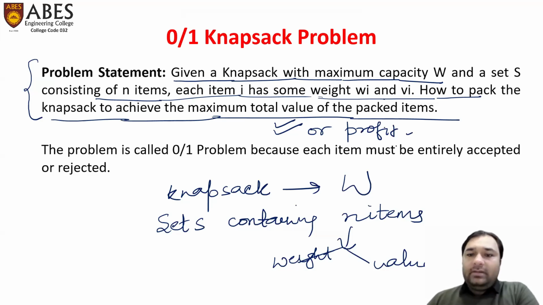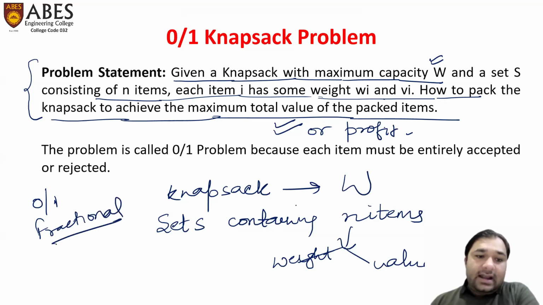Again, going back to the problem statement, we are given a bag or a knapsack with capacity capital W. We are given a set S containing n items. Each item has a weight Wi and a value Vi. We have to pack the knapsack in such a way that the maximum profit or value can be attained. There are two types of knapsack, that is 0/1 and fractional.